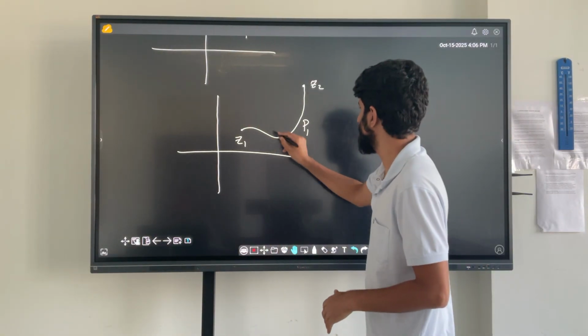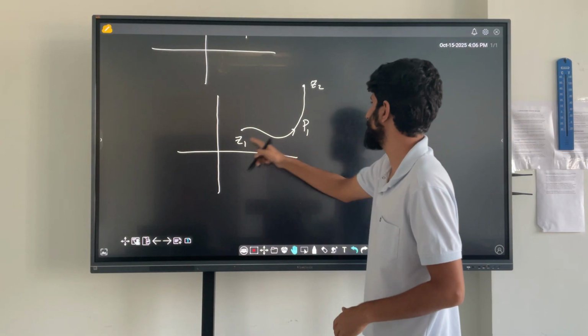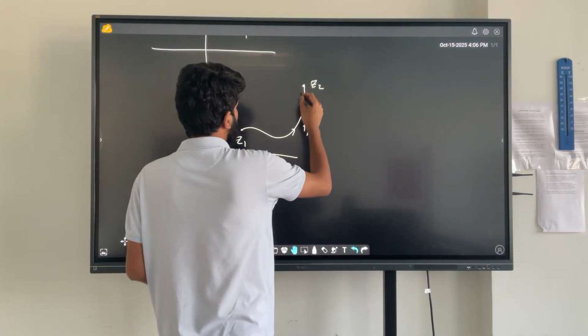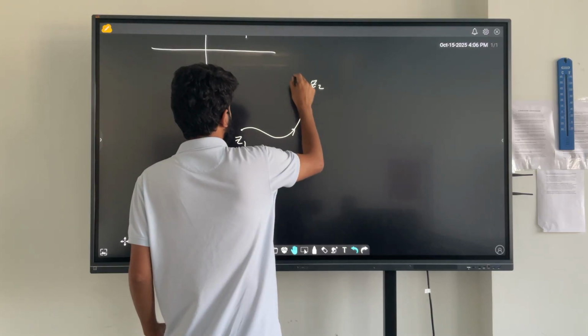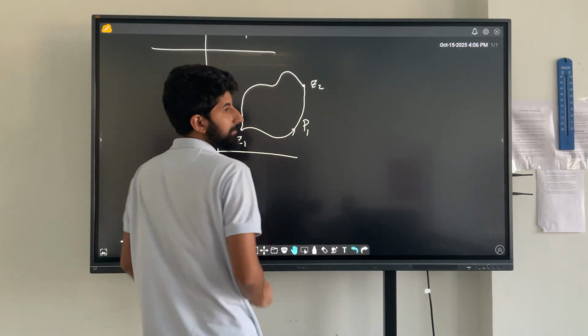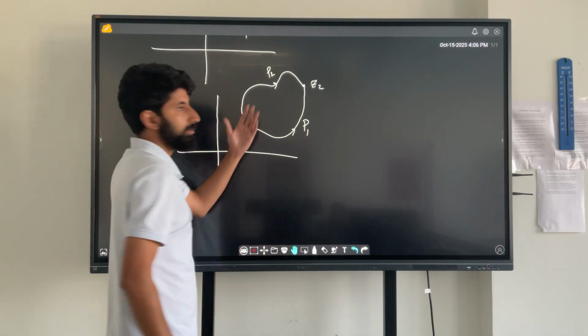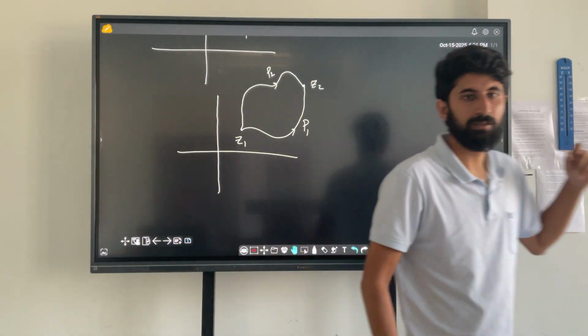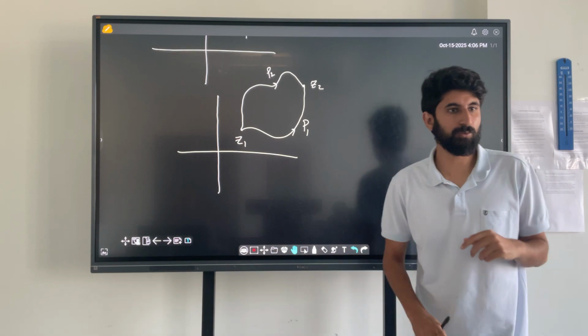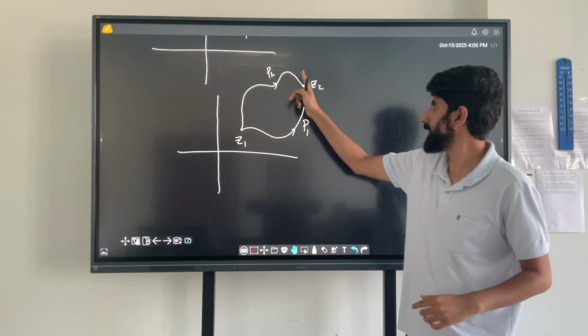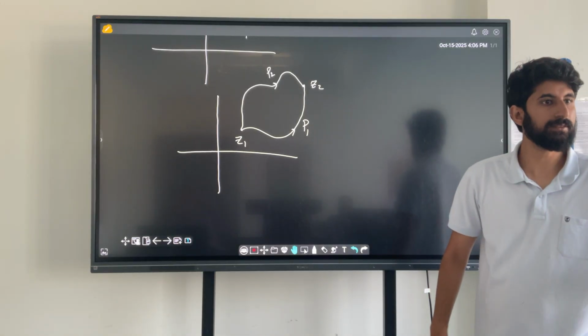I am integrating going from z1 to z2. And some other path, P2. So I am considering two paths. What is my goal? To show that the integration here and the integration here is the same.